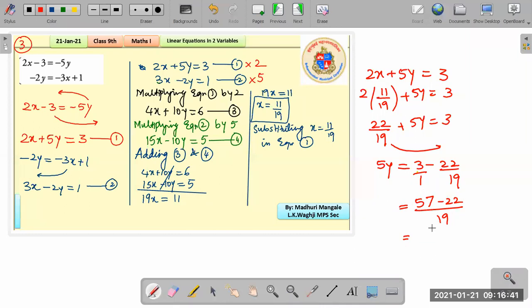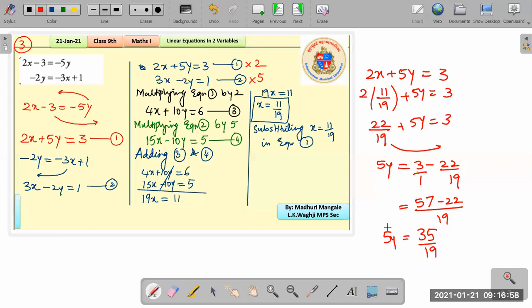And what do we get? That will be a 35 over 19. 57 minus 22, that is 35 over 19. And this is 5y over here.